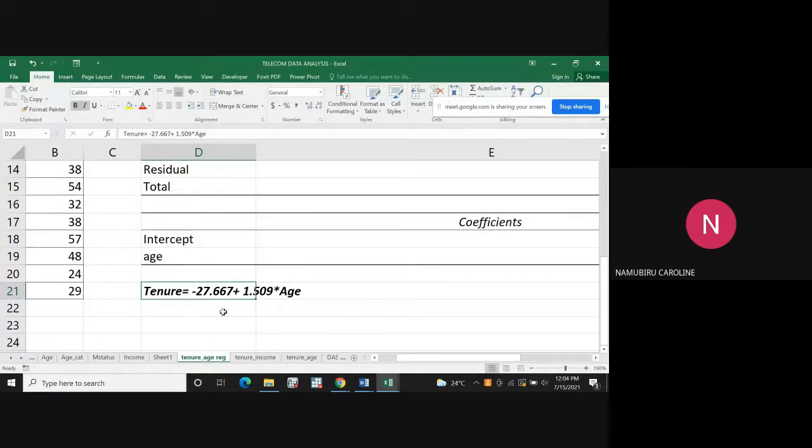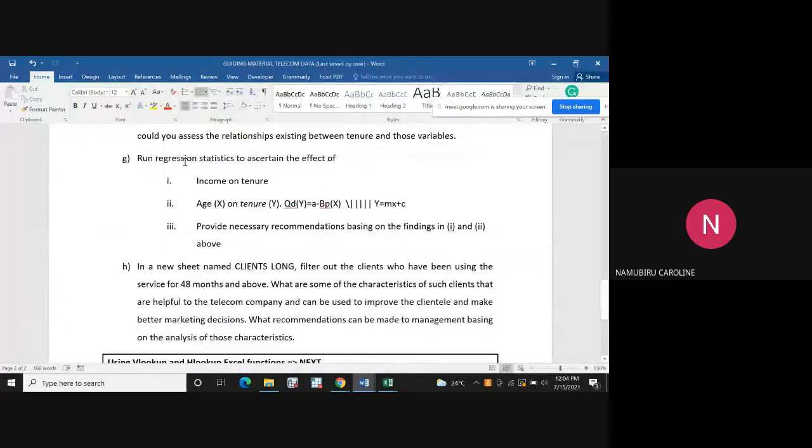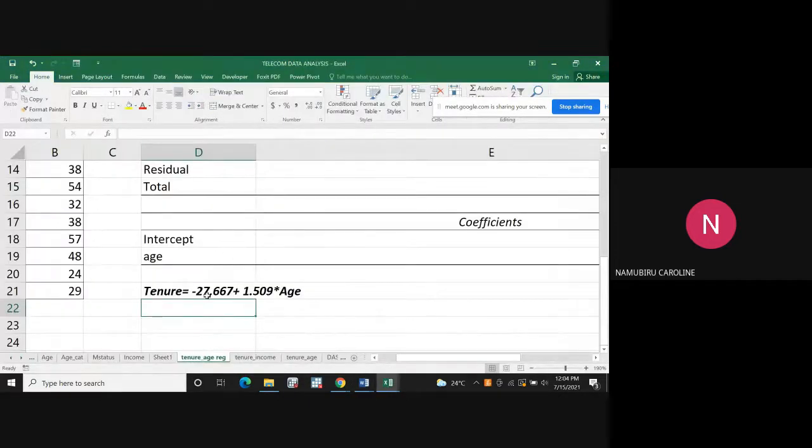This one here. Because what we're interested in, running a regression, is to ascertain the effect of age on tenure, and then provide necessary recommendations basing on those findings. So let us do that and give the necessary recommendations.